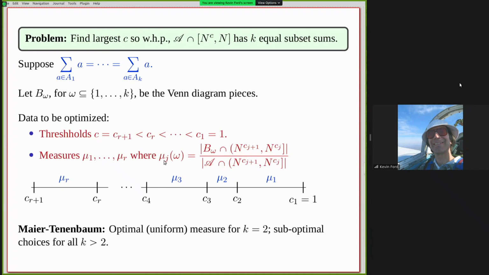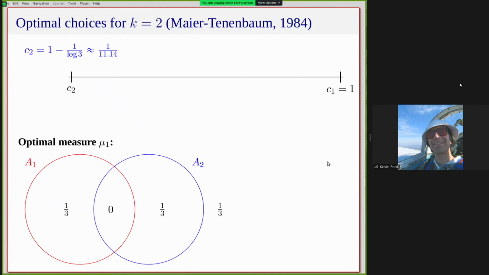So mu sub j is supported on a set of size 2 to the k, and we want to optimize those numbers. There's a certain procedure for doing that. I'm not going to discuss the procedure just yet. I want to just show some pictures.